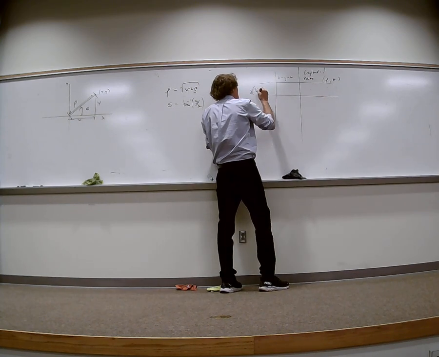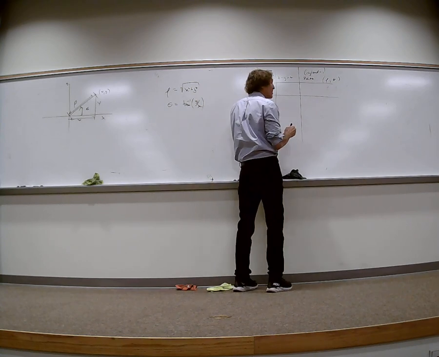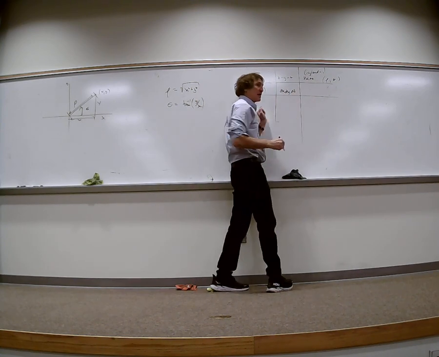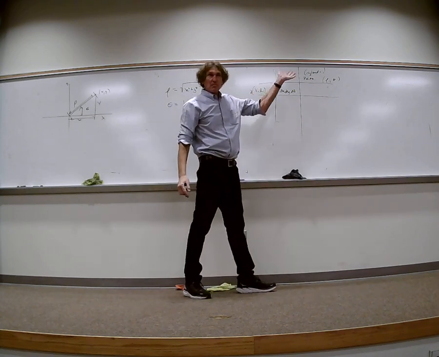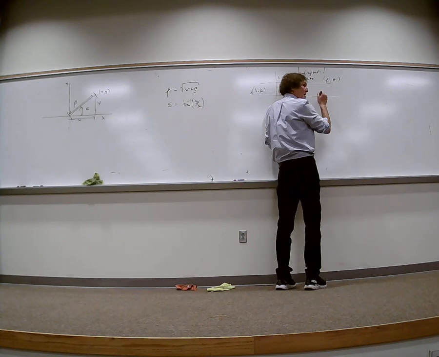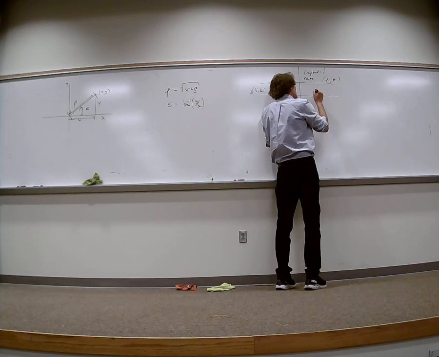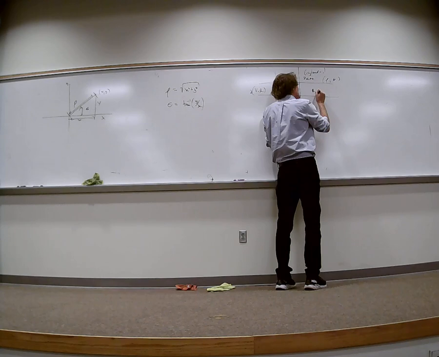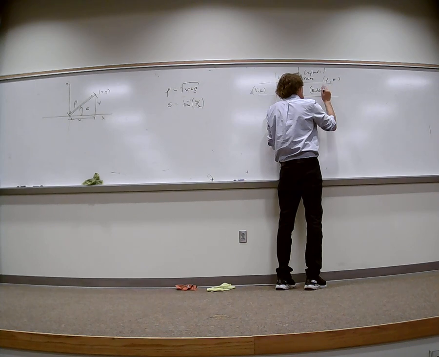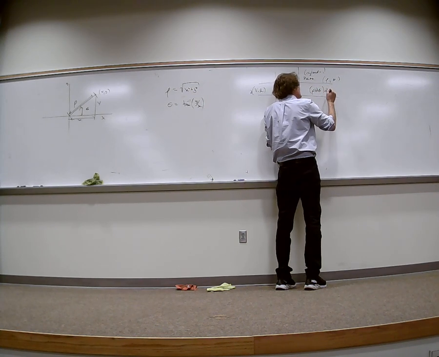Differential volume in Cartesian coordinates is just dx, dy, dz. It's a scalar. How many remember that? In polar, what is it? Anybody? Well, it's what? R, right? Or not R, but rho d rho d theta.